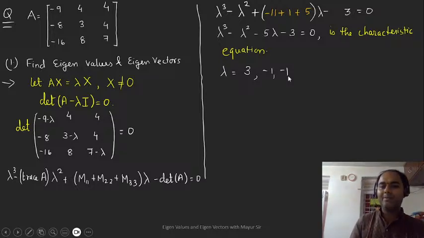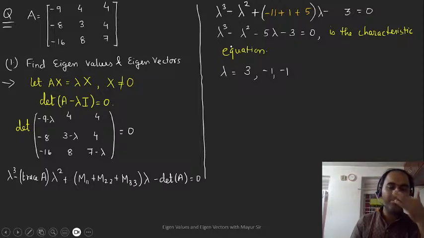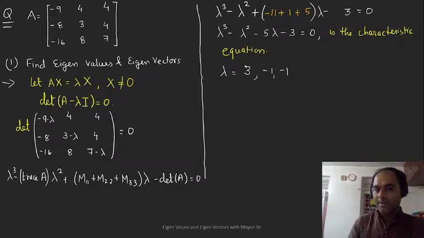If you have a polynomial of degree 3, you must get 3 roots. Here complex numbers are allowed, but in our exam we may not get complex numbers. 99% we don't get complex numbers, but you can also get them, not a big issue. Right now, in our case, 3 answers are going to come.